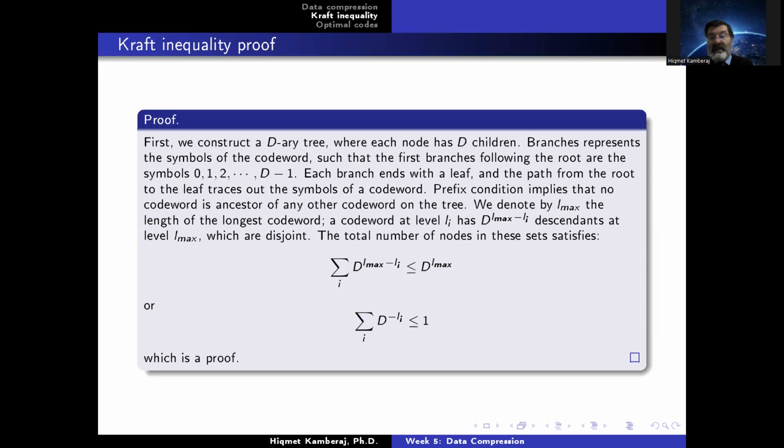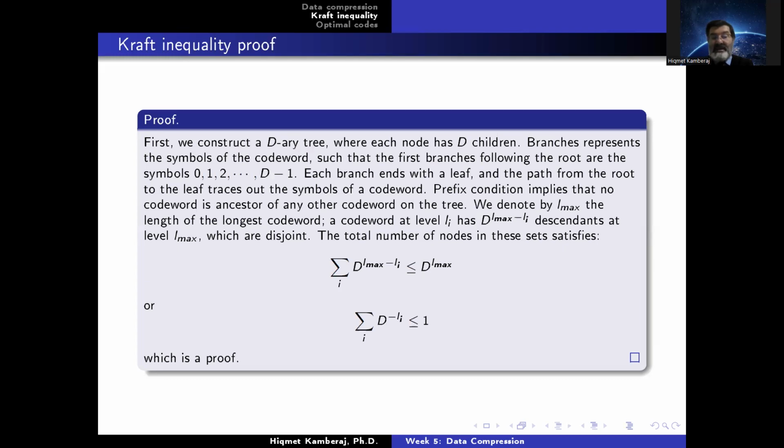The prefix condition implies that no code word is an ancestor of any other code word on the tree. We denote by Lmax the length of the longest code word. A code word at level Li has D to the power Lmax minus Li descendants at the level of Lmax, which are disjoint.